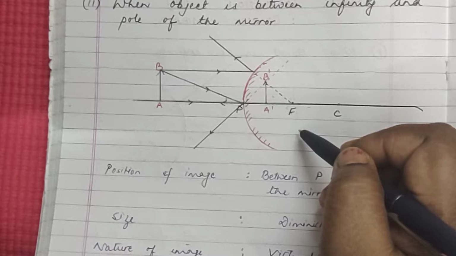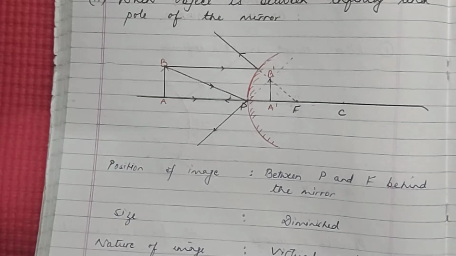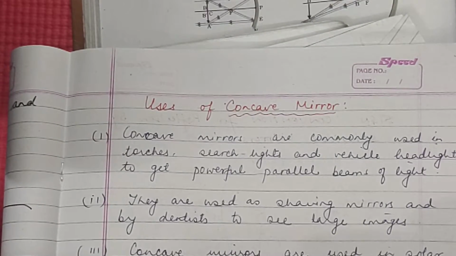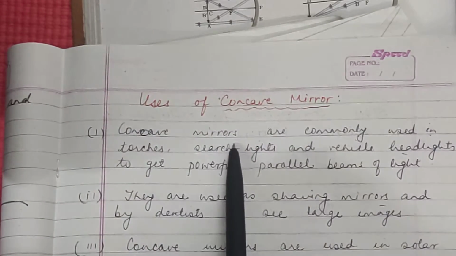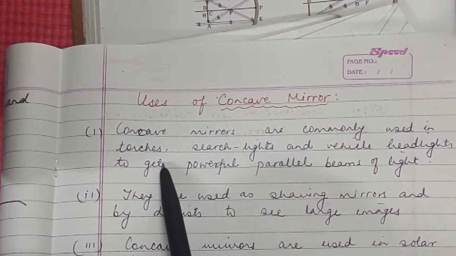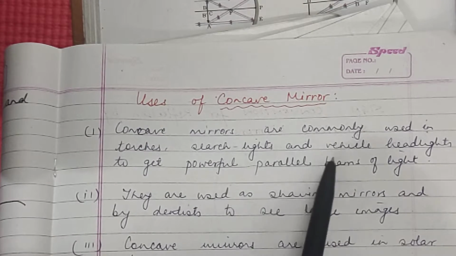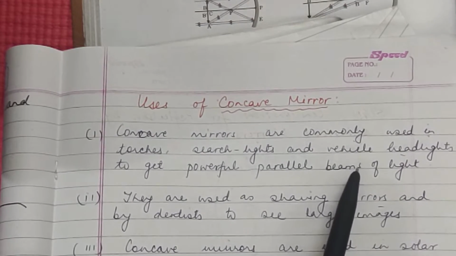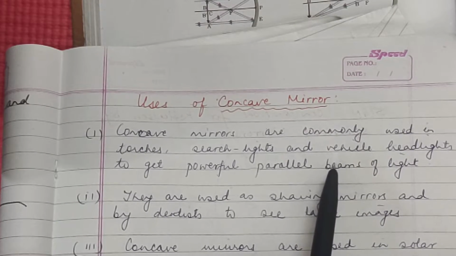Now we will be learning the uses of concave mirrors. Concave mirrors are used in torches, searchlights and vehicle headlights to get powerful parallel beams of light. Why are they used in vehicle headlights, searchlights or torches?